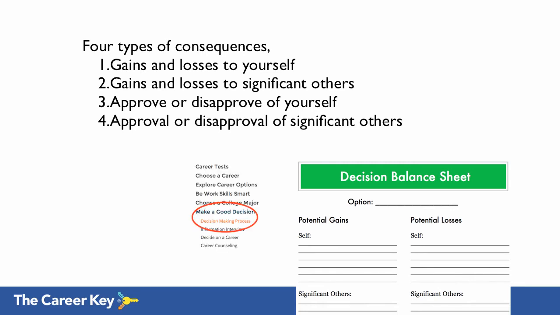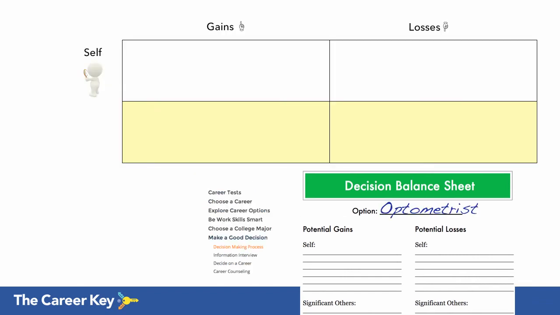You can download a balance sheet from the Career Key website and make the number you need. Just go to the article, Decision-Making Process, and download it there. There is no charge. Let's take a look at how you would use them.